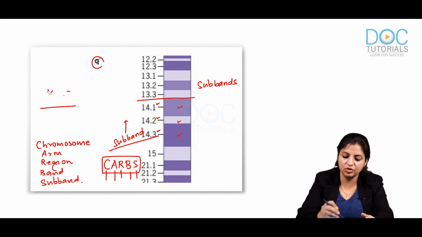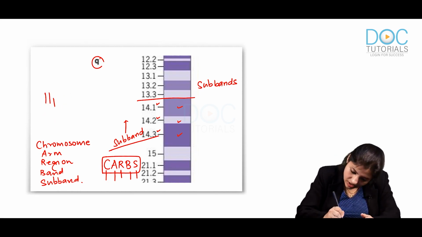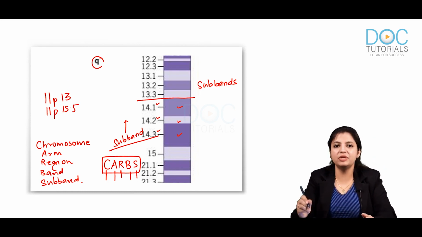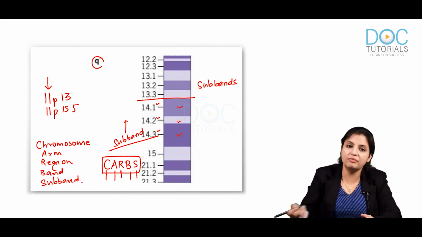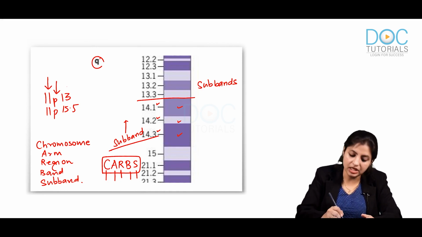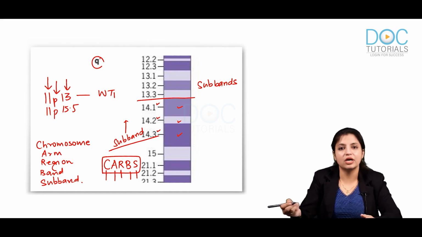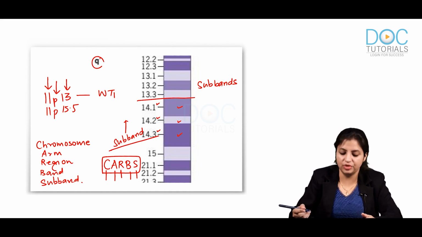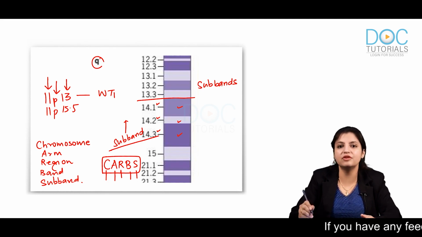Let me give you one more example. Tell me, 11p13. What is this? Chromosome number 11, short arm is P, region number 13. What is present there? WT1. This is the location for WT1. If somebody asks where WT1 is present, you say 11p13.